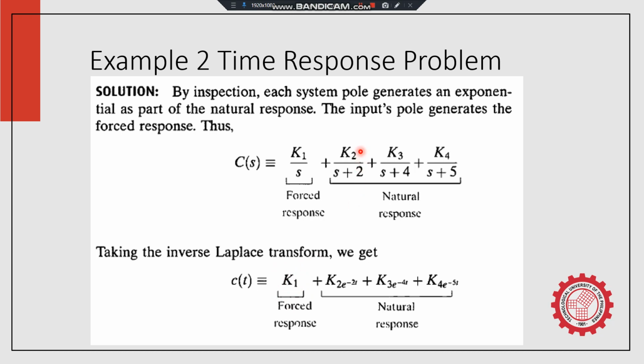And on the succeeding terms, we always get e raised to the negative value of the a value of each term. So this is K2, K3, K4, and e raised to negative 2t, e raised to negative 4t, e raised to negative 5t.